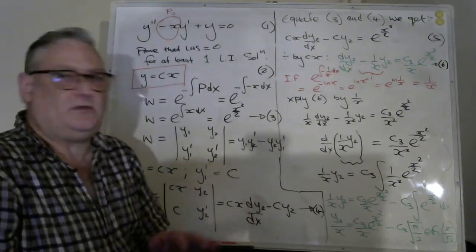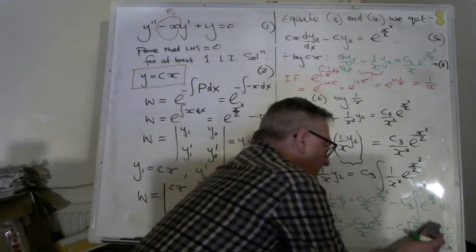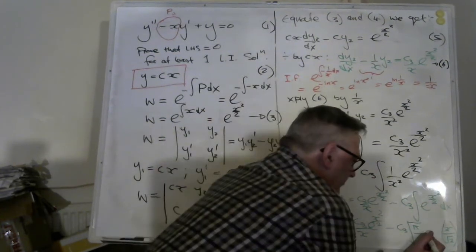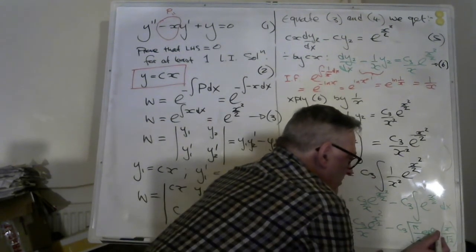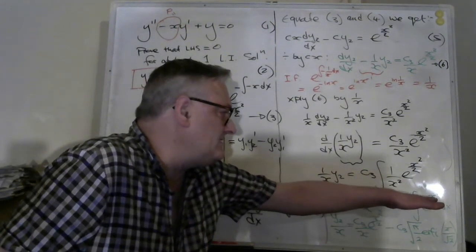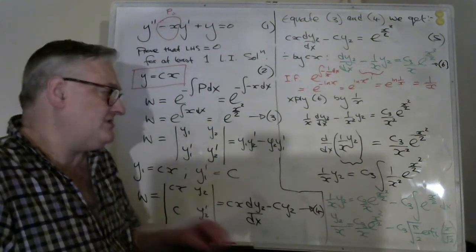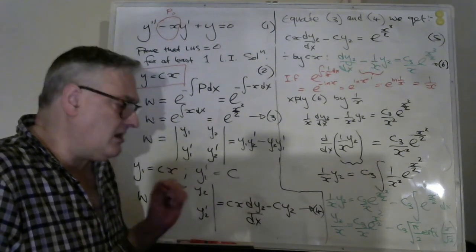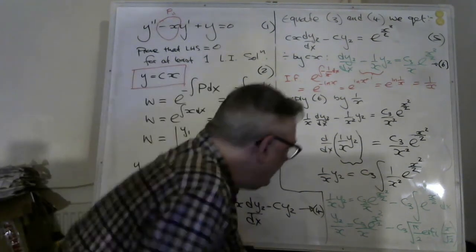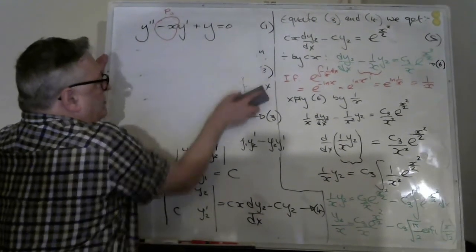Now, I'm not going to go into what the imaginary error function is or how we get there. That is just a fact, that the integral is equal to this here, and as I said, it's the imaginary error function. Now we're almost there with the second solution, because if I just rub this side of the board out.